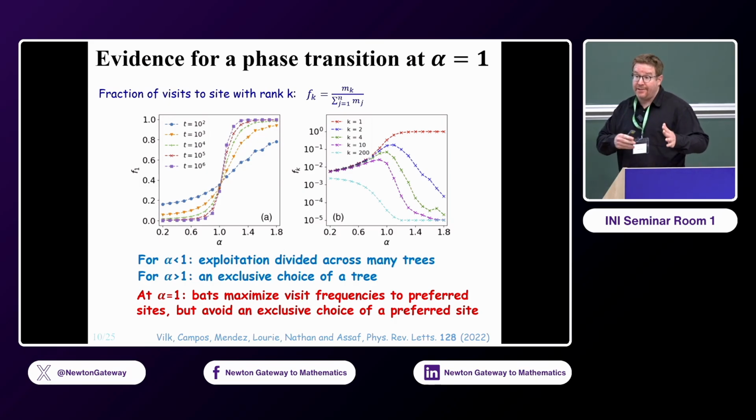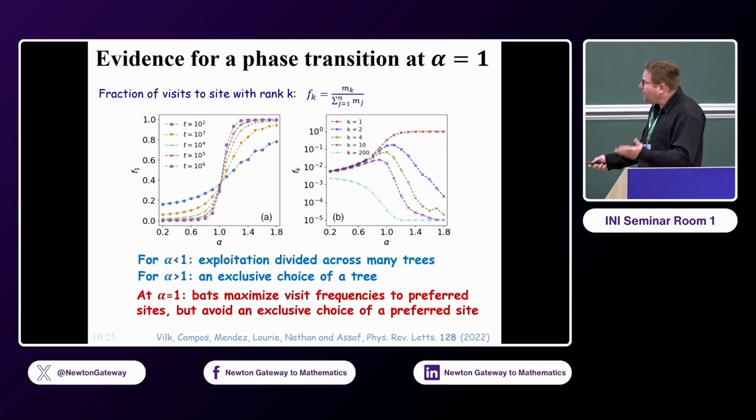So all trees get the same visitation frequency, but as alpha approaches 1, this transitions to 1. So the first tree, the most visited tree, gets everything. And you can similarly see here that the fraction of visits to the first tree grows, while all others at some point start to fall down.